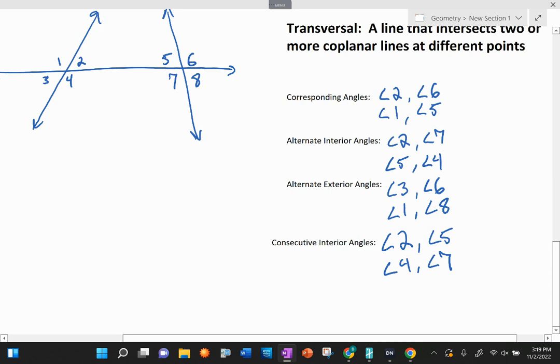Okay, so let's kind of keep this going. And I'm actually not sure that we will talk about this one even today. But could we have consecutive exterior angles? What would they be? 1 6. There you go. 1 6 and 3 8.